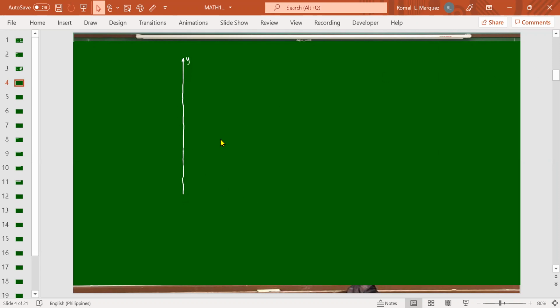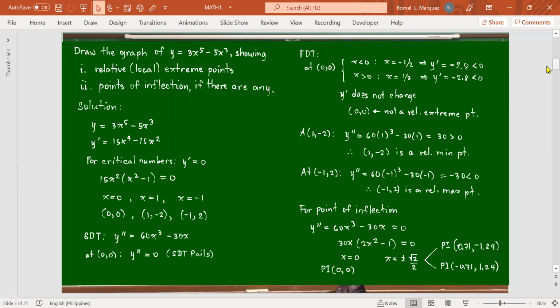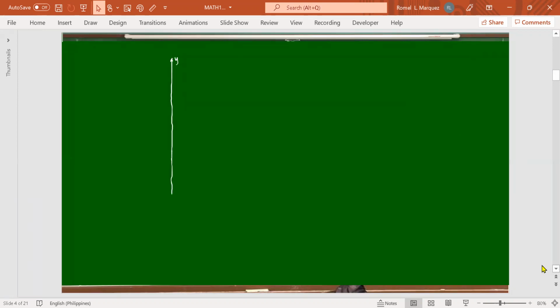Y. Let me check the points. Zero, 0, 1, negative 2, negative 1, 2. So there are only a few values. Okay? So 1, 2. Negative 1, negative 2. Okay now?